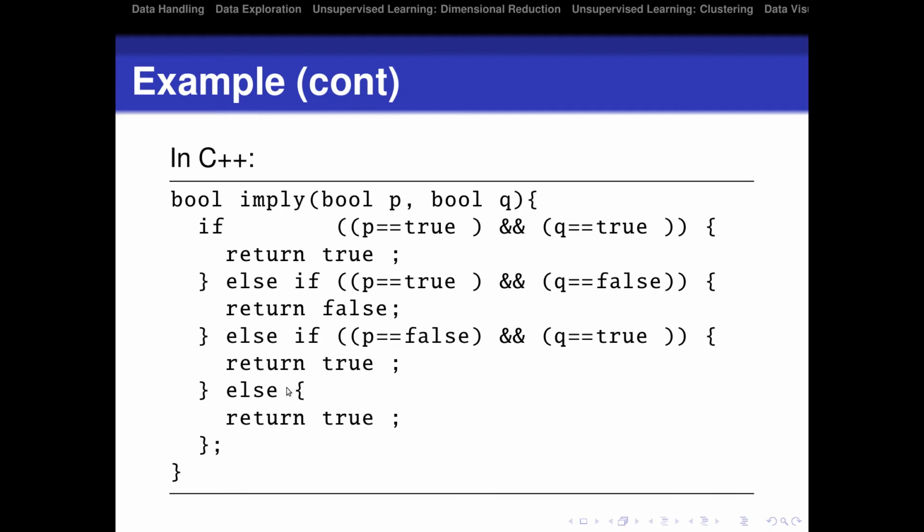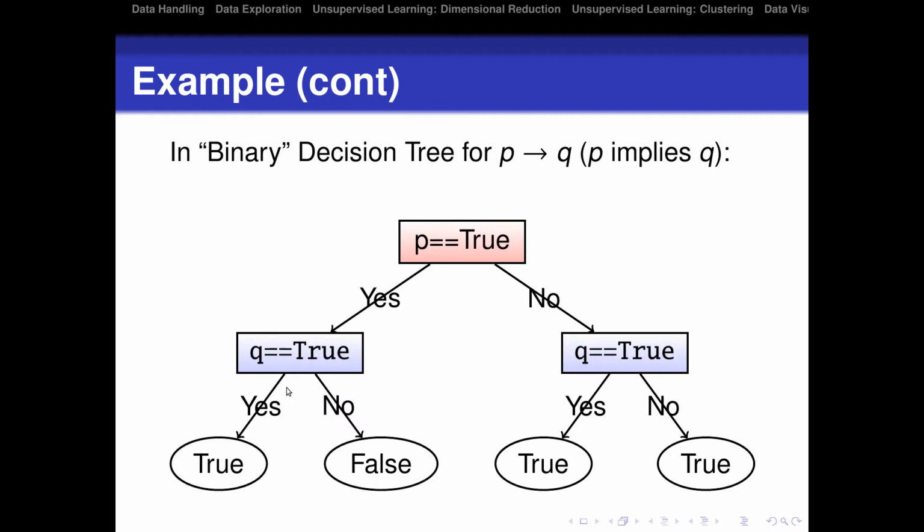All these are in programming languages, but we can also draw it out using a binary decision tree. The way to draw it out is quite simple. Just look at the first column, where P is either true or false. We compare P to true. If P is true, that means yes.